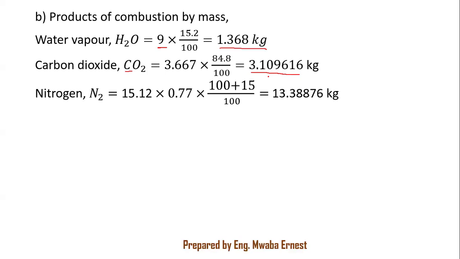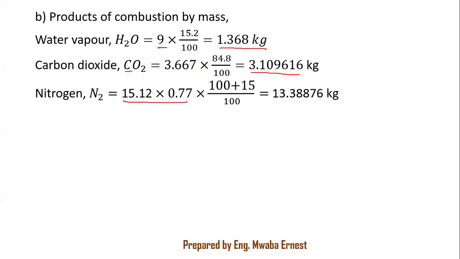Then we proceed. What about nitrogen? Nitrogen is a very stubborn element when you're dealing with combustion because it goes in and comes out the way it was, untouched. But unfortunately for this one, we're told there was excess air added. 15% excess air was added. So meaning, in addition to 77% of what you've been provided, we also add 15% of it.